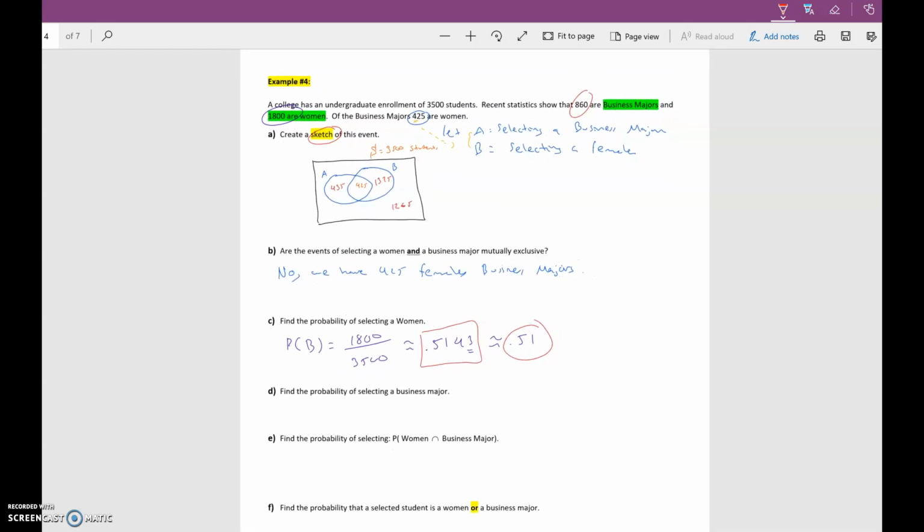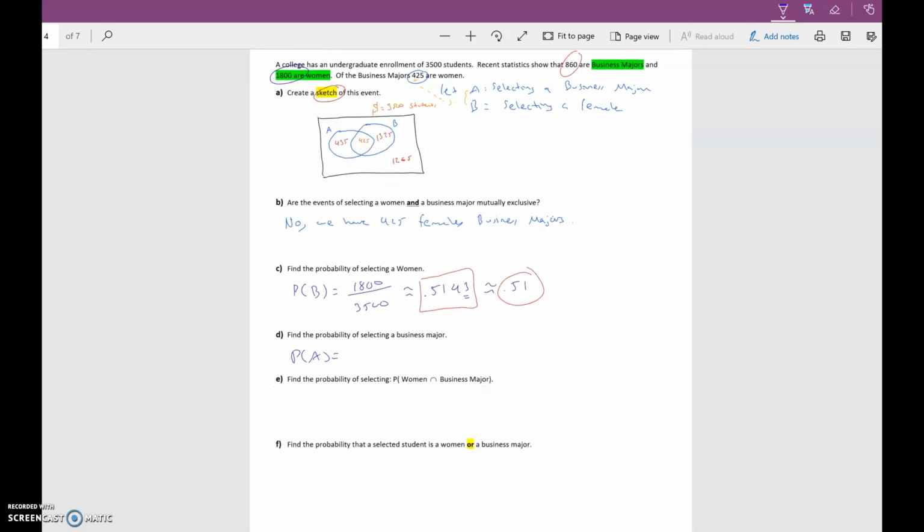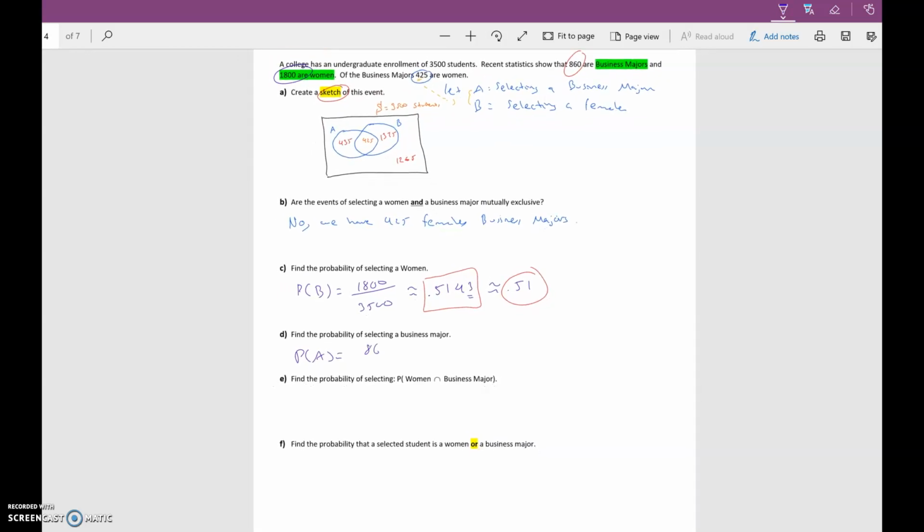Let's take a look at selecting a business major. And our business major was A, so in this case, the probability of A, and we have 860 out of the 3500.